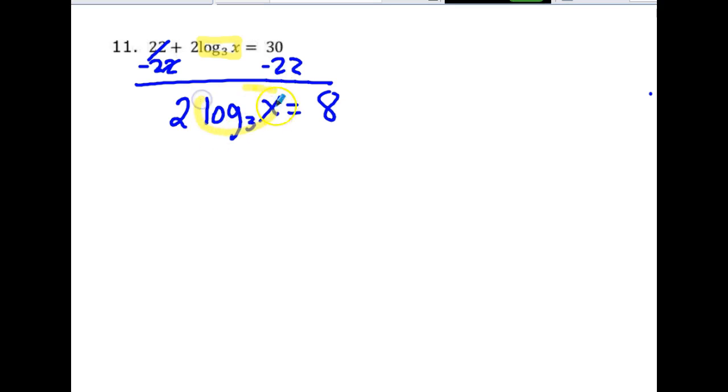Once again, we need to isolate the log. The 2 out in front is multiplied by the log. What's the opposite of multiply? And so we're going to divide by 2.